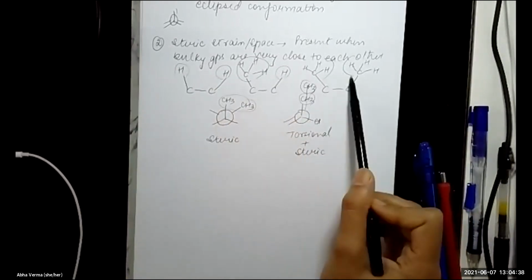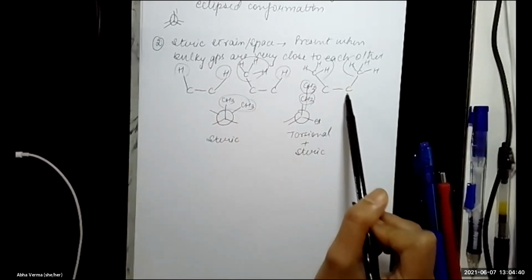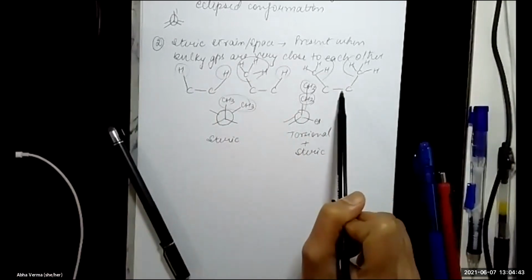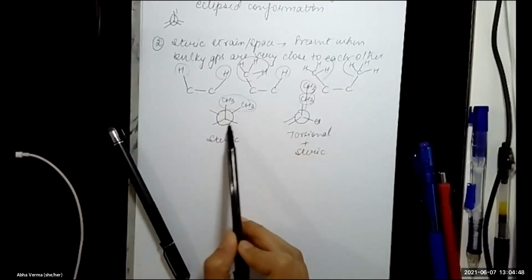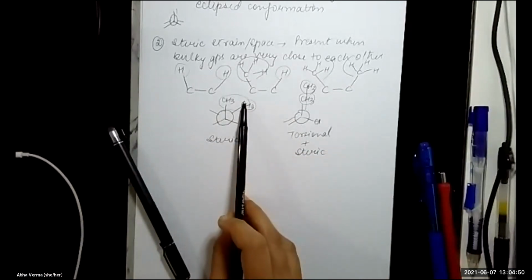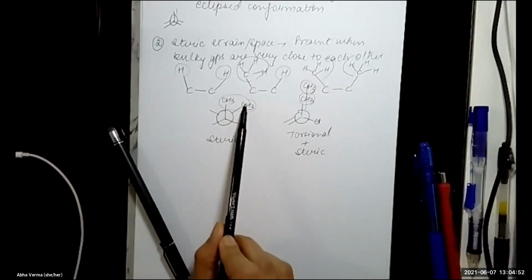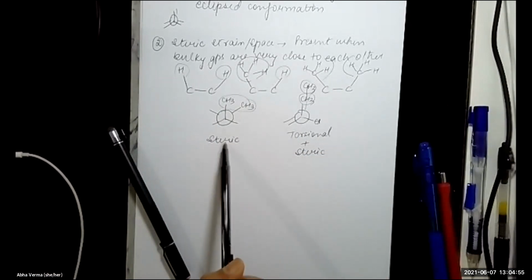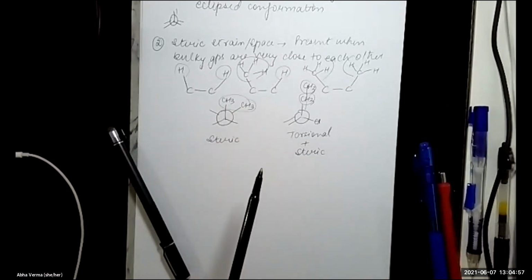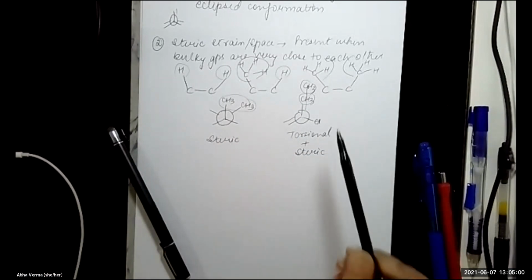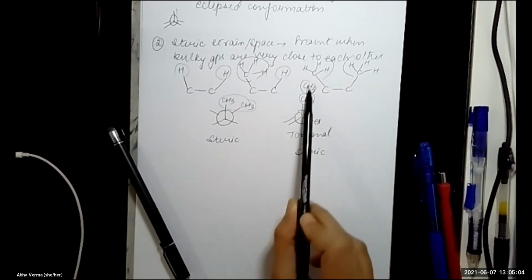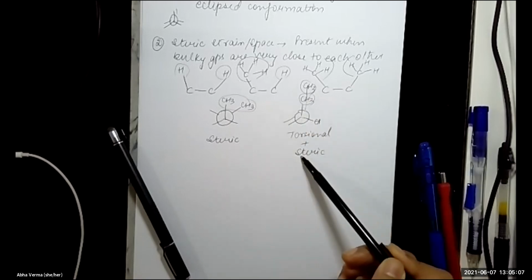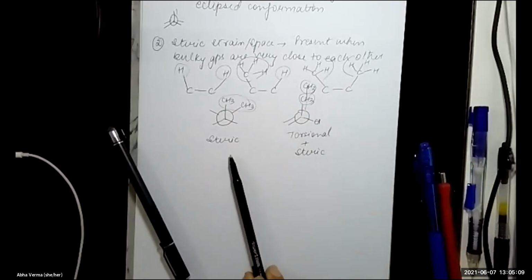So the steric strain is maximum in this particular example. If we look at the Newman projections, this is a completely staggered conformation. It does have some steric strain, whereas this conformation has both the torsional strain because of the eclipsing and the steric strain because of the bulk of these two groups.